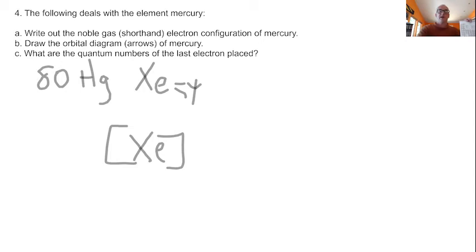So that means we're starting with 6. And which block is this at the far left end of the periodic table? Do you remember which block it is? There's S block, P block, D block, and F block. S. It's S, right? Because there's 2 of them. 2 electrons. So that's 6s2. And then we just keep going.